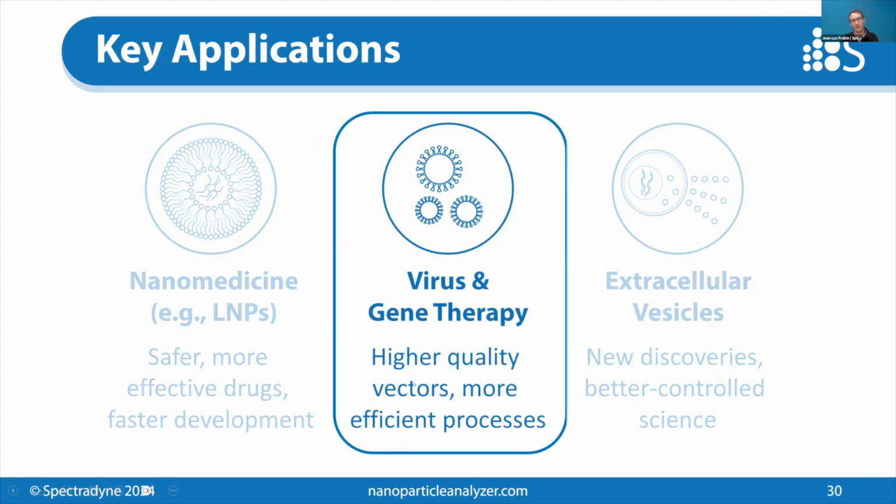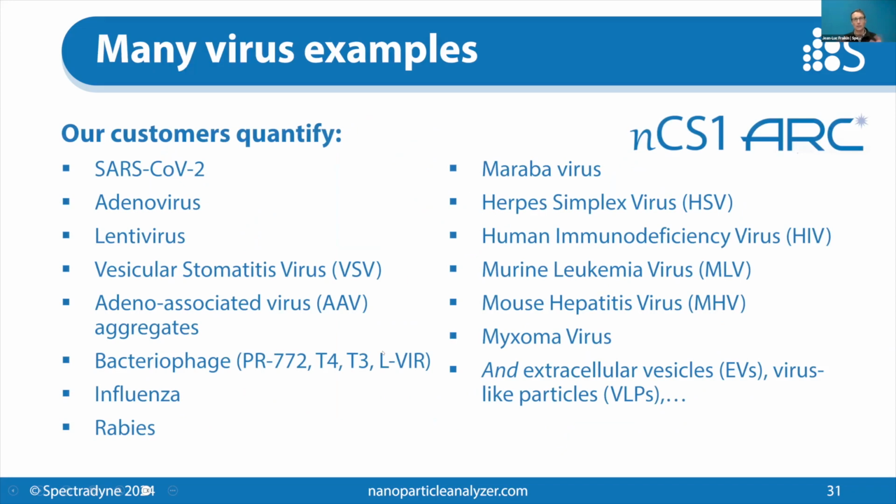This is taken from the virus application world, and as we know, there's a lot of overlap between nanoscale flow cytometry, EVs, and viruses, so I thought this could be interesting. Just as context, viruses are great samples for us because they're beautifully well-defined particles, right? And so over the years, we've collected many examples of viruses being quantified using our instruments, and these are just some of them.